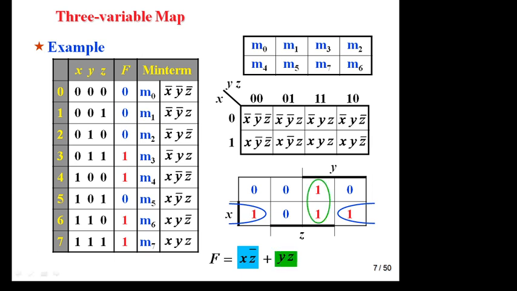So only 2 pairs means 2 EPI. You have to remove this, your redundant group, because this is not EPI. This is extra.